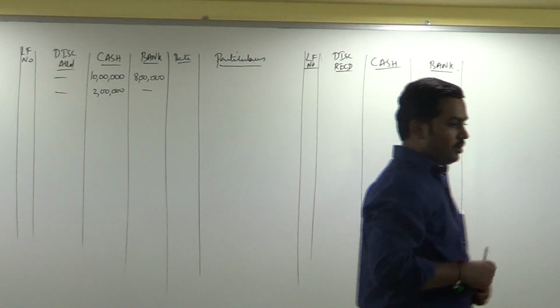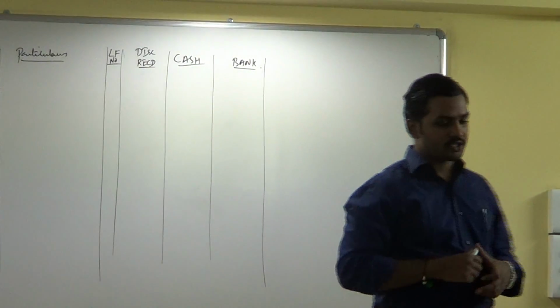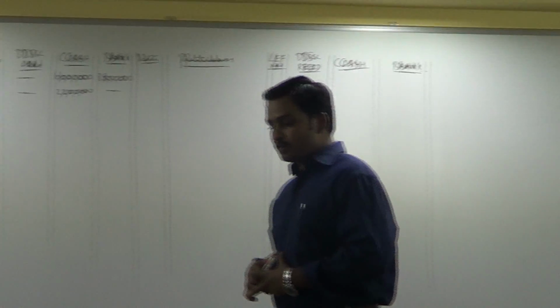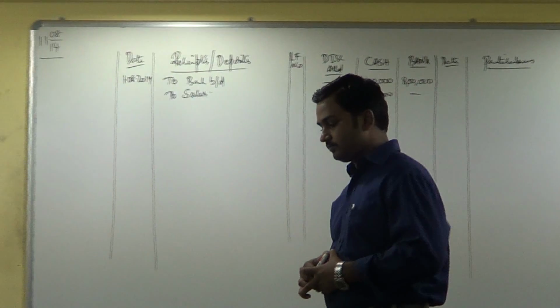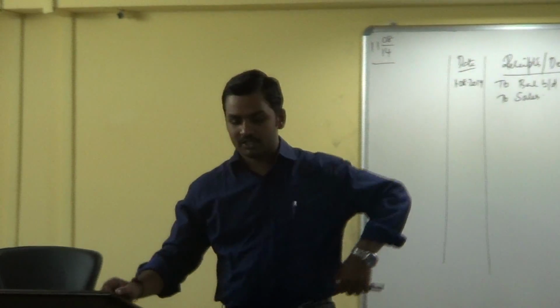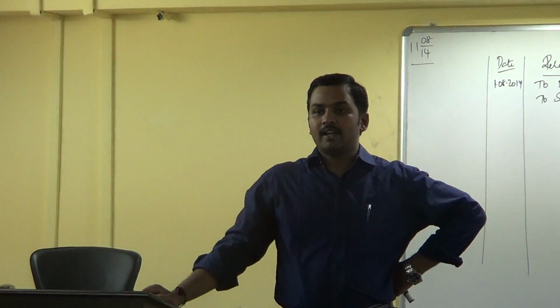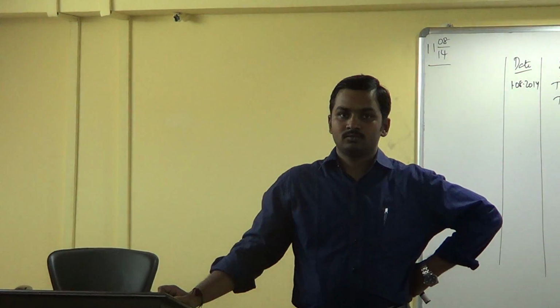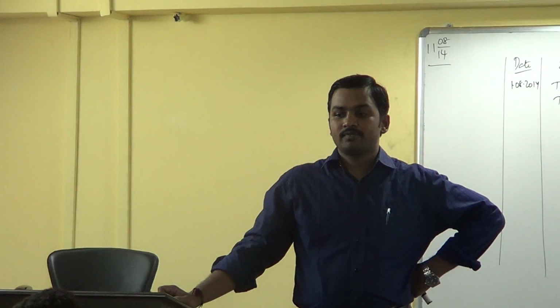Next, goods purchased for cash, 5 lakh rupees. What is the entry you pass?